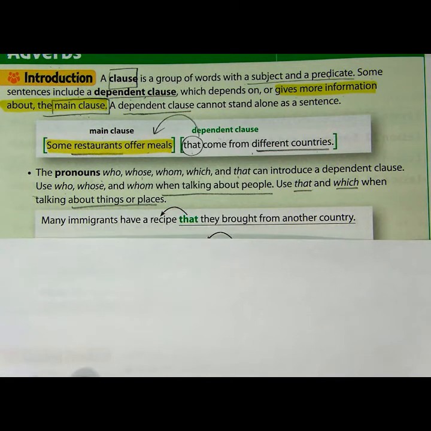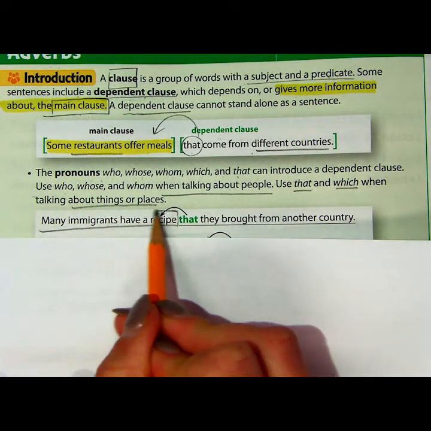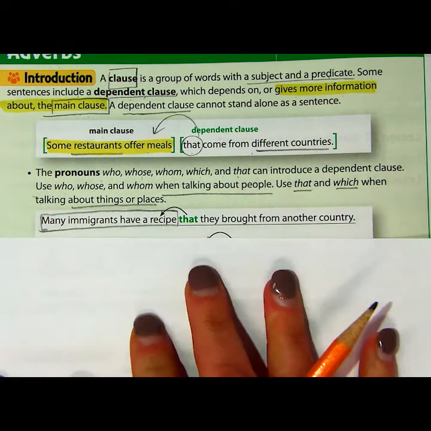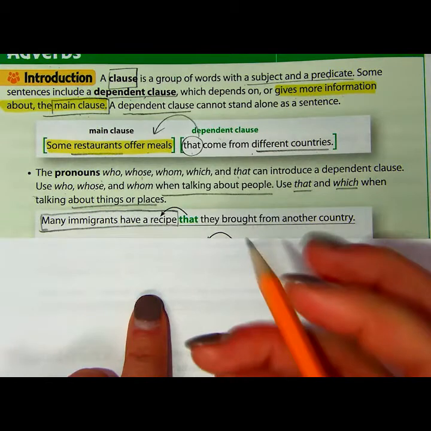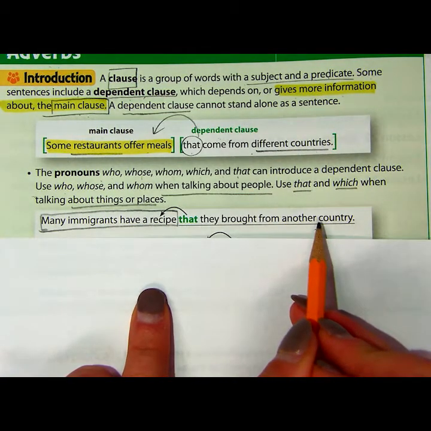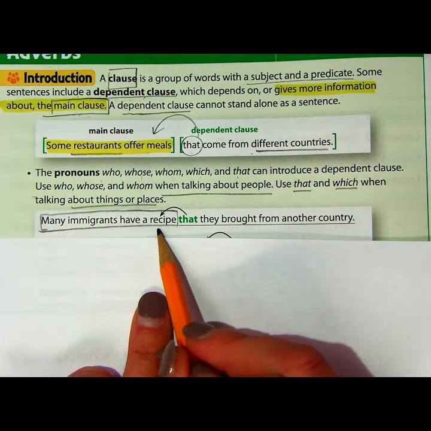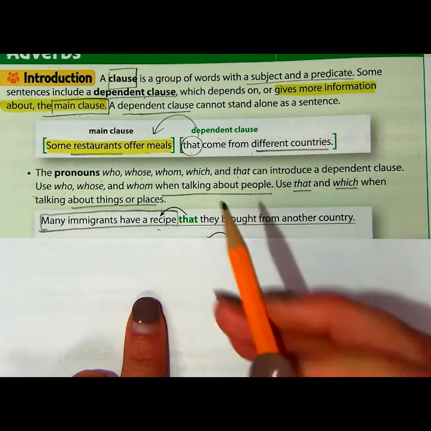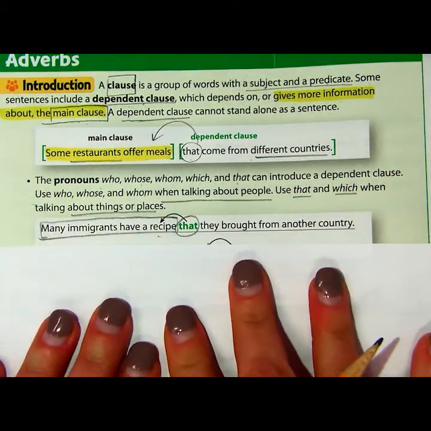Many immigrants have a recipe that they brought from another country. So again, your main clause is that many immigrants have a recipe. Now, our focus in this sentence is the recipe. So our dependent clause is going to be that they brought from another country. Again, it gives us more information about the main clause, which is focused on the recipe. So we use that pronoun that. Let's look at another example.